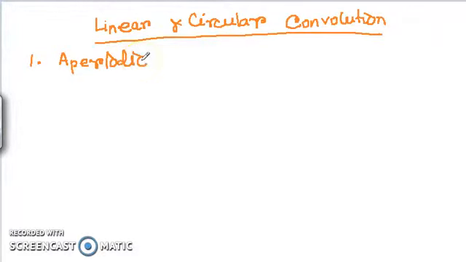Sorry, my writing is not good with this pen tablet. So, for aperiodic nature, we go for linear convolution.